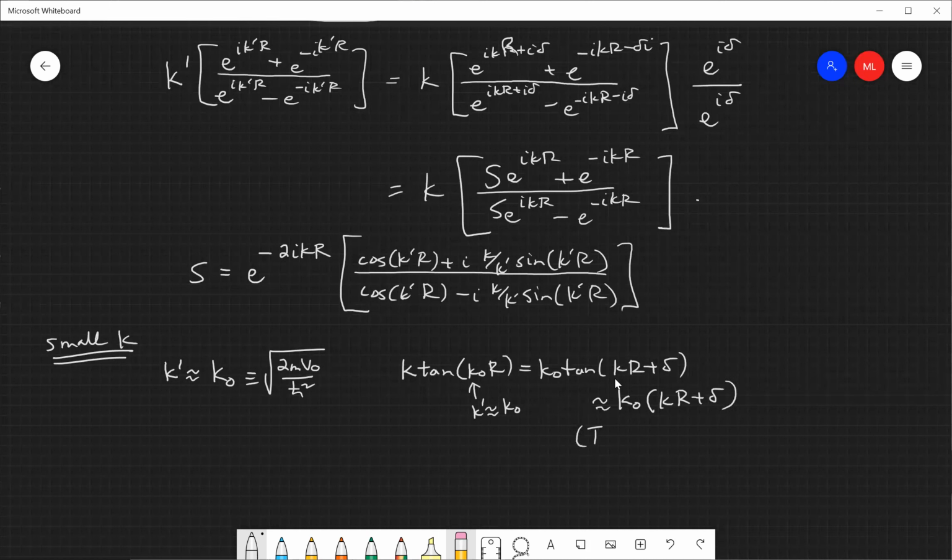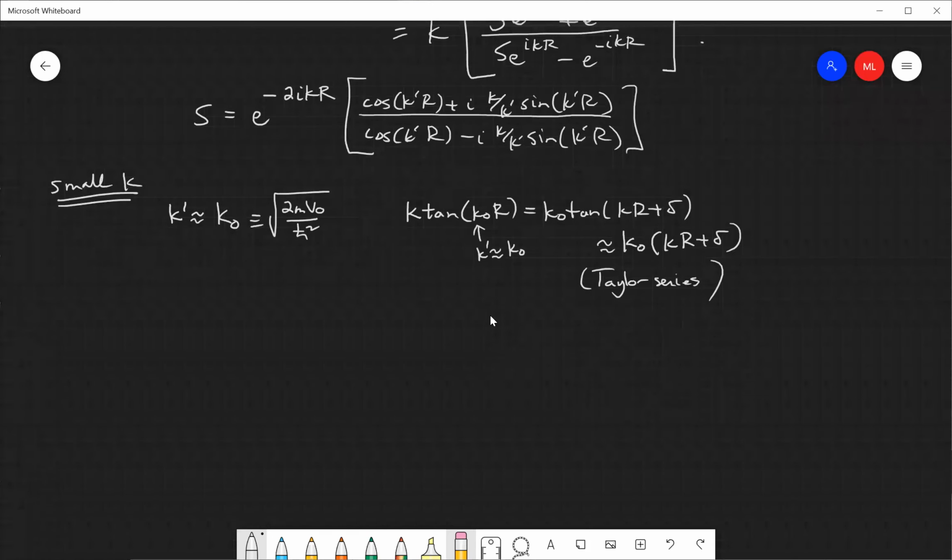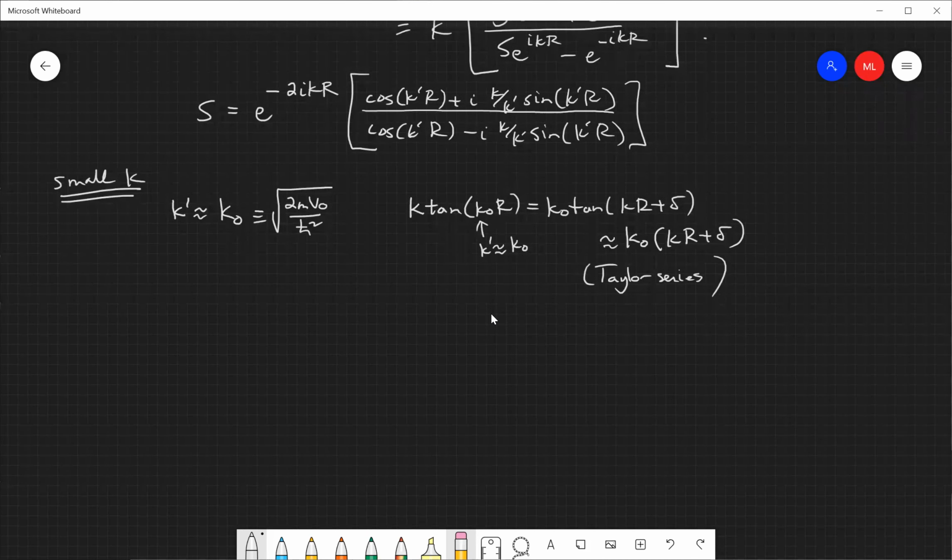This is a Taylor series of the tangent, just keeping the first term. So now we can solve for delta, right? It's pretty straightforward. The delta is equal to k over k naught times tangent of k naught r, and then it's minus kr.